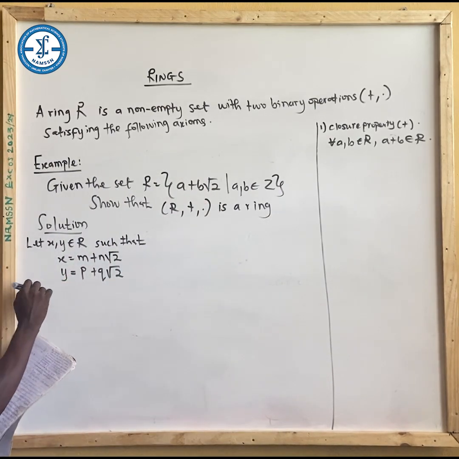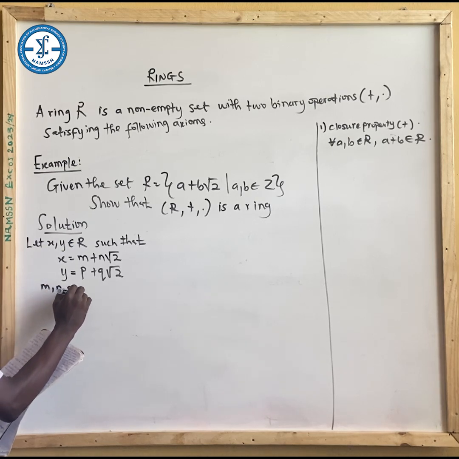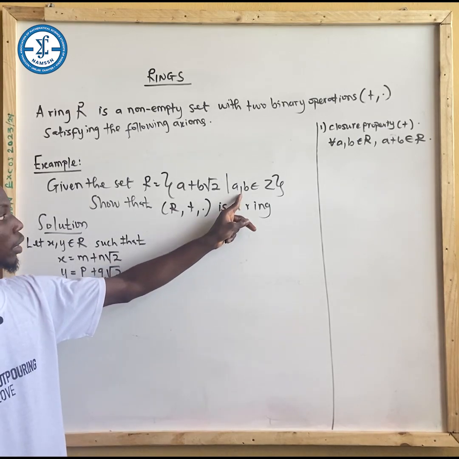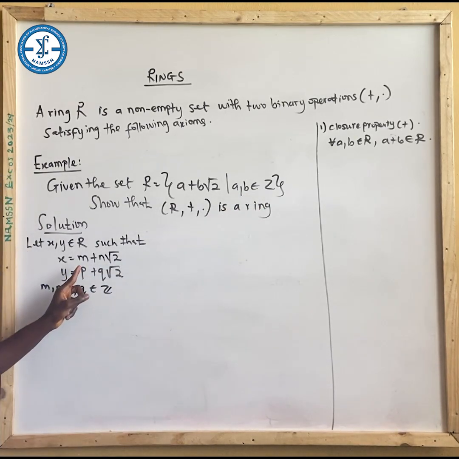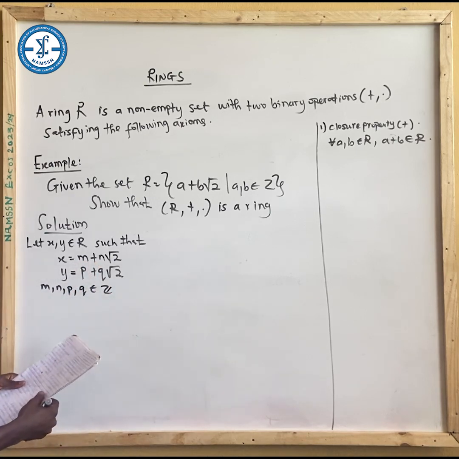Where m, n, p, q are all integers, like it's been said here, a and b are integers, so I'm going to define my m, n, p, and q as also integers.